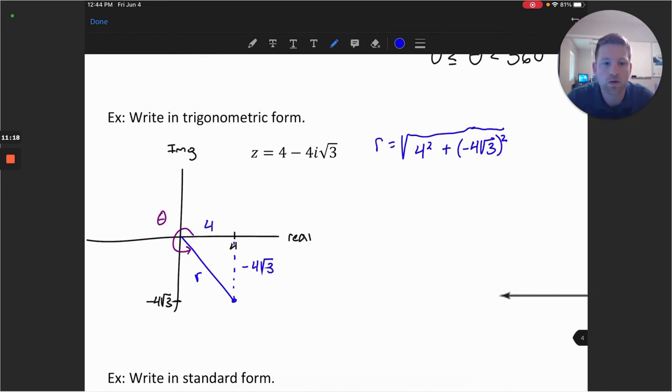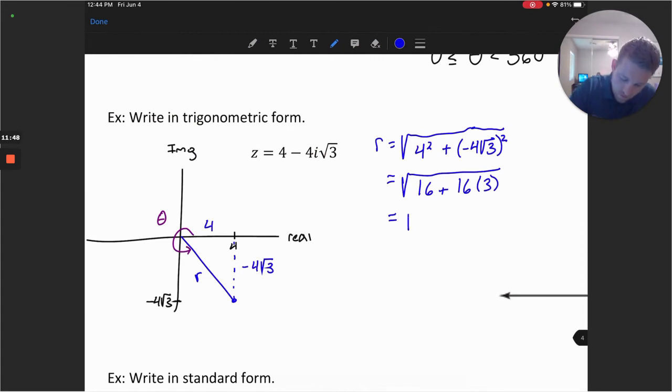This will give us the square root of 16 plus 16 times 3, if we square both components of the last part there. And if we add 16 and 16 times 3, you'll find this to be 64. Therefore, our modulus here is just going to be 8.